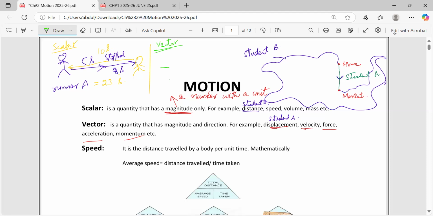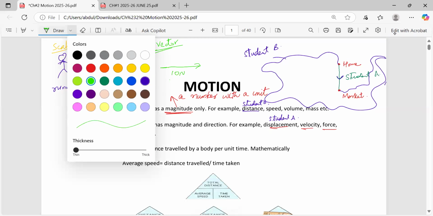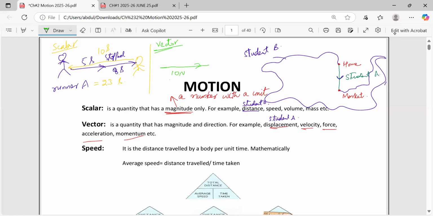Let's suppose a 10 Newton force is applied towards the right. Then a further 5 Newton force is applied towards the right.